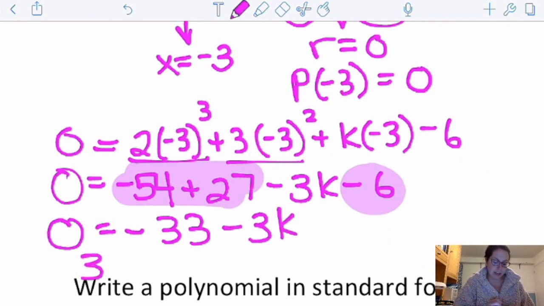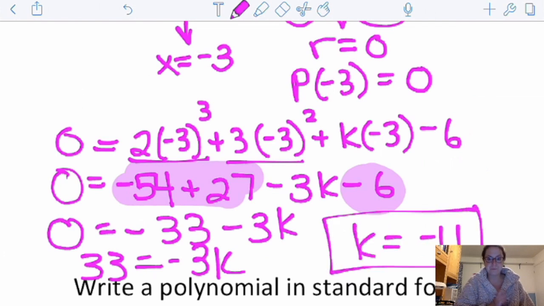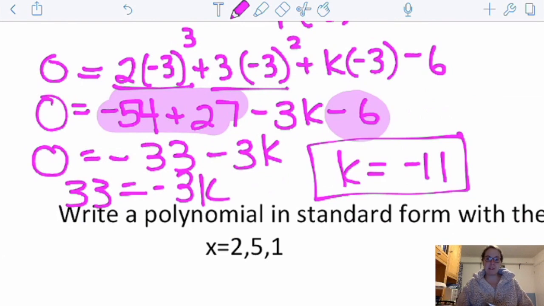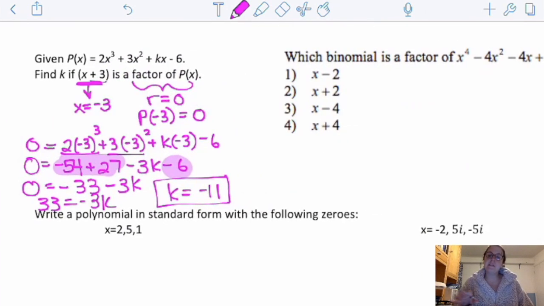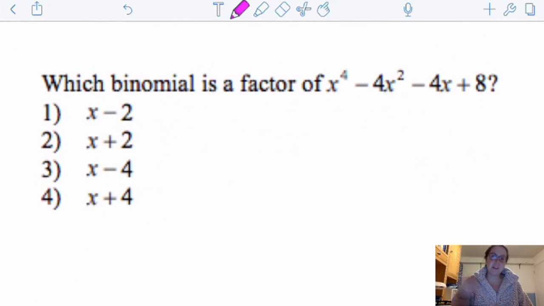So I get 33 equals negative 3k. So k equals negative 11. Now again, you could do that with division and really work backwards. That's a lot harder than just knowing the remainder theorem or the factor theorem and knowing that your remainder has to be 0.